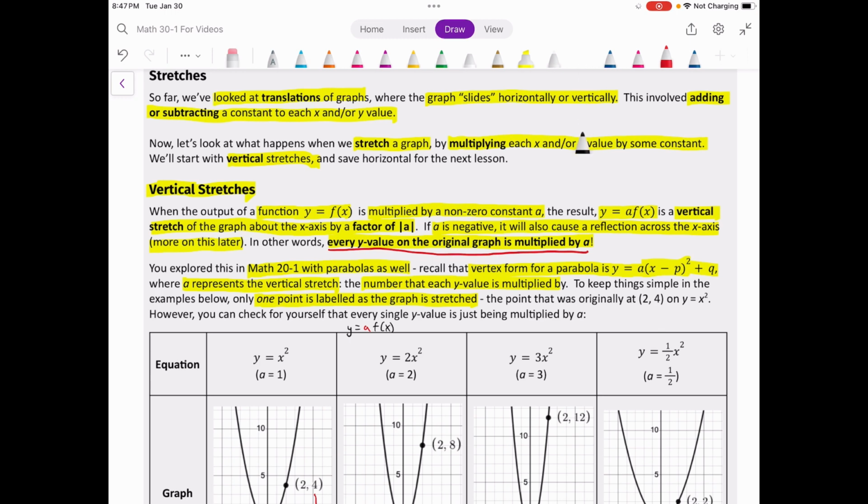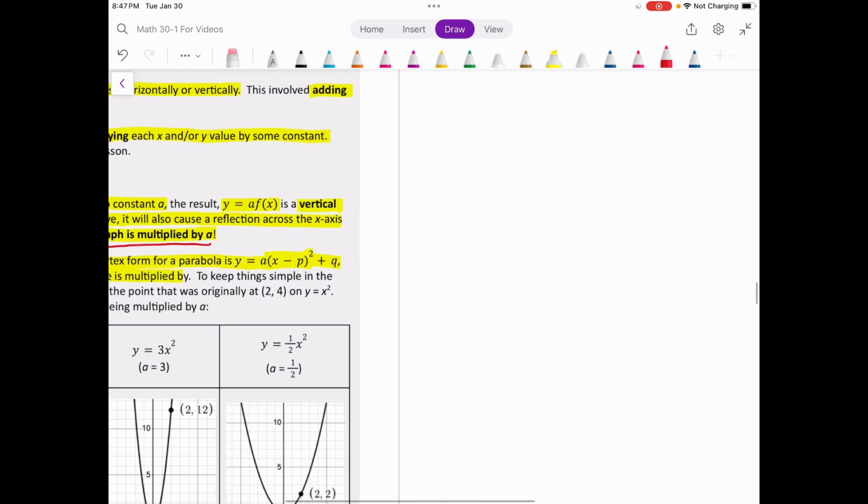And some important terminology I just wanted to come back to quickly here for vertical stretches, okay? We say it's been vertically stretched about the x-axis. Sometimes that throws students off. Why is it about the x-axis if it's a vertical stretch and we're changing the y values? What about the x-axis means is that's where we're kind of stretching from, so to speak, right?